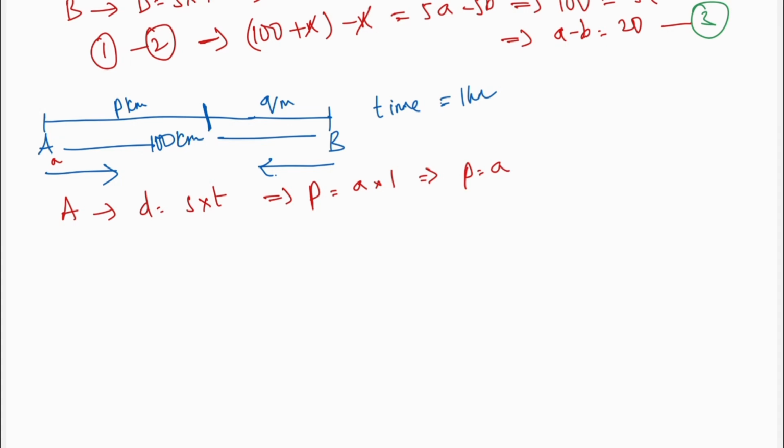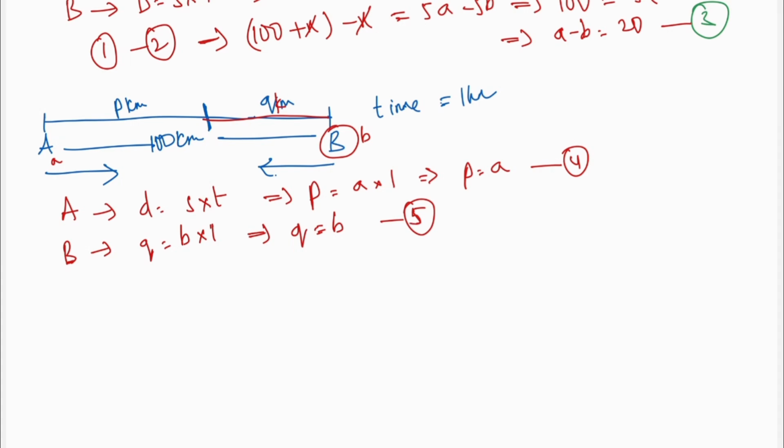And the distance traveled by B: Q is equal to the speed b kilometers per hour into time 1. So Q = b. Now we take these as the fourth and fifth equations.